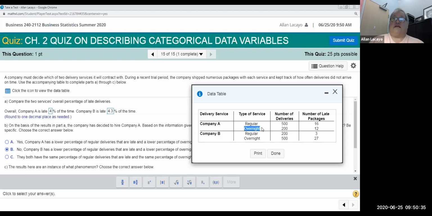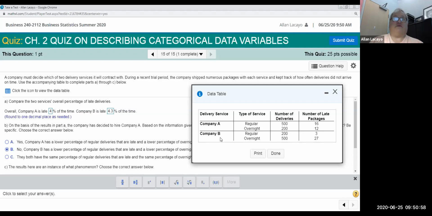In the overnight case, the late delivery rate of Company A is 12 out of 200, that is 6%. Whereas the late delivery for Company B is 27 out of 500, which is actually 5.4%. And 5.4% is less than 6%.